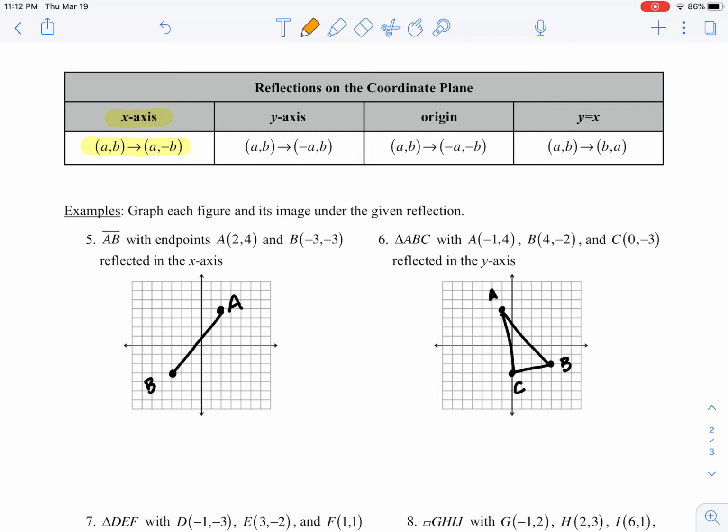So using this rule, if point A was at 2, 4, A prime is going to go to 2, negative 4. Only the y-coordinate switches signs. If point B was at negative 3, negative 3, B prime is going to go to negative 3, positive 3. Graph your new coordinates.